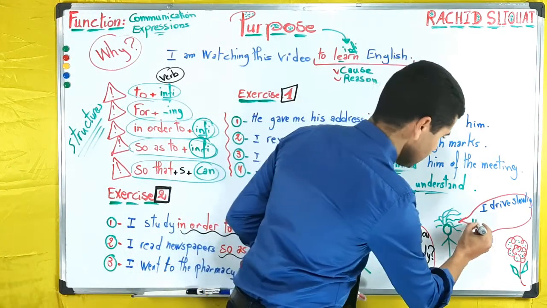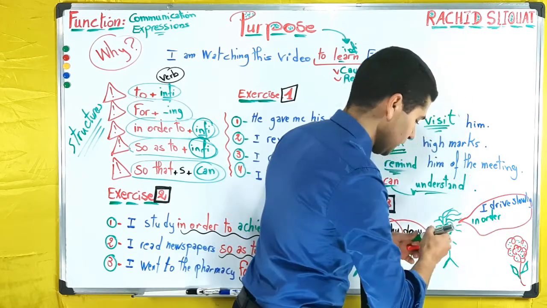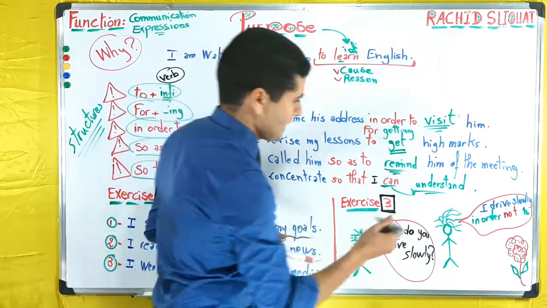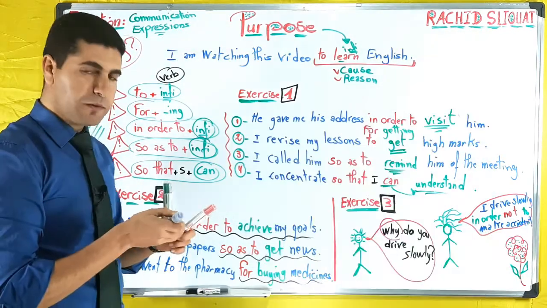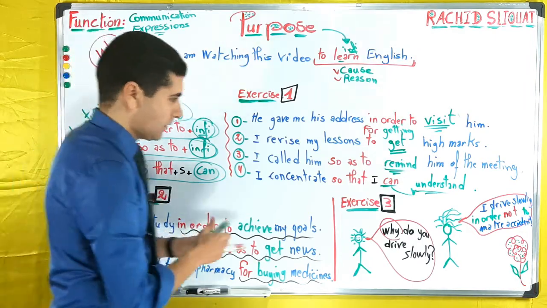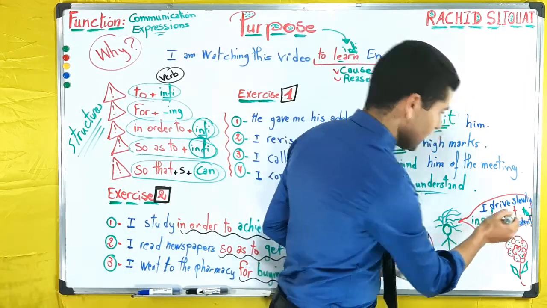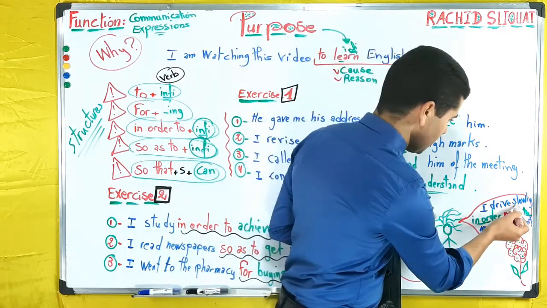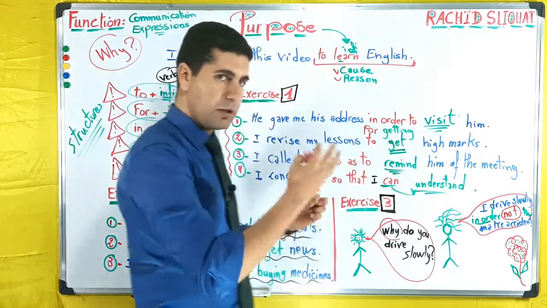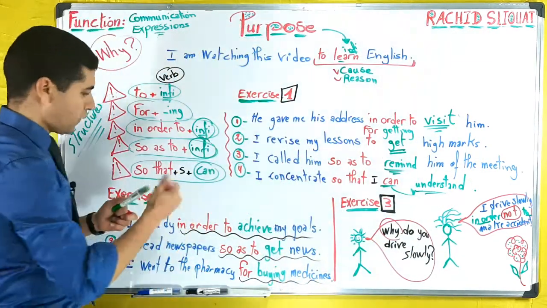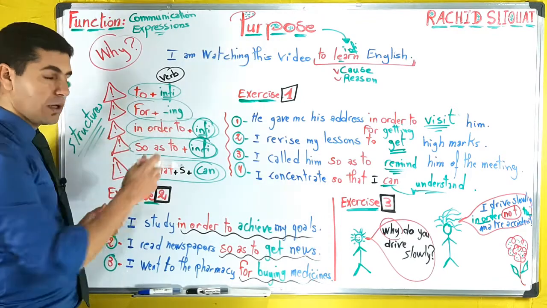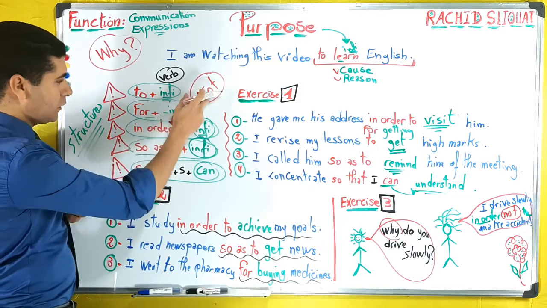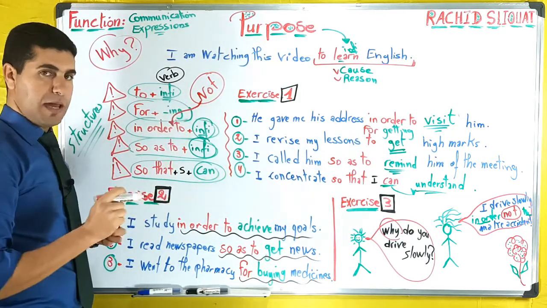So remember, in order not to make accidents. Now what is the expression we used here? Very simply, in order to, but with a negative, in order not to. We insert not between in order and to, okay? In order not to, for example, make accidents.